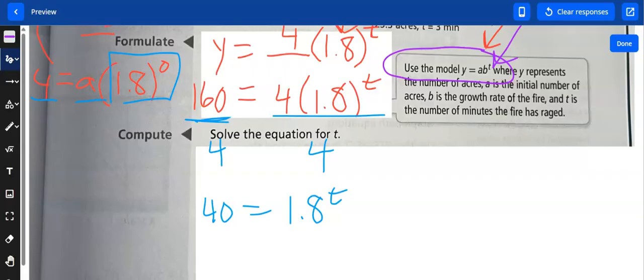Which base are we going to choose? Because we get to choose. We're going to choose base 10 because our calculators can handle it. So choose base 10 right now. Take the log of both sides. At this point, this question looks an awful lot like example 2 does. So you could look back in your notes at example 2 and keep going.